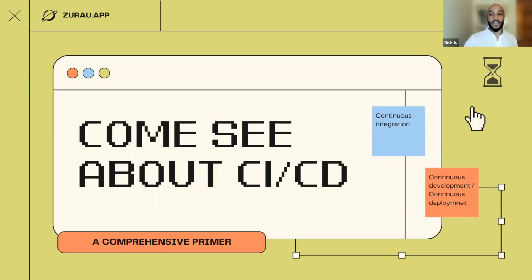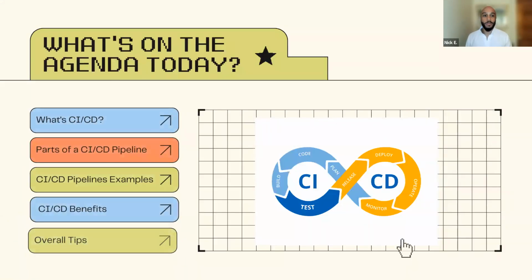Jumping into this today, we're going to be covering a few high-level components of CI/CD: what it is, parts of a CI/CD pipeline, some examples, benefits of actually implementing CI/CD, and then some overall tips that will be really helpful in establishing a pipeline that can scale.